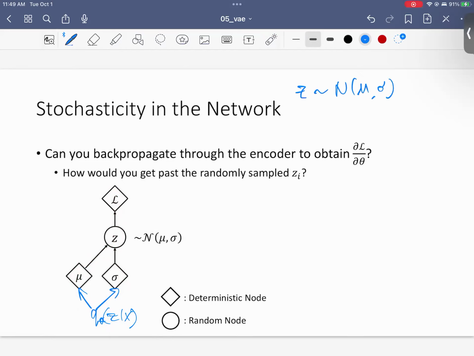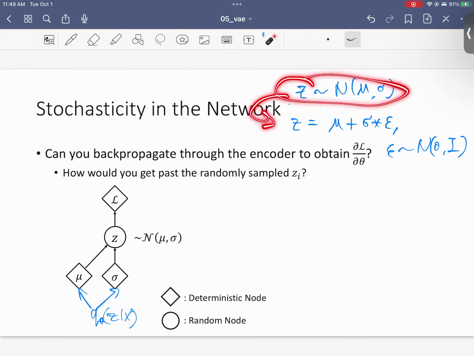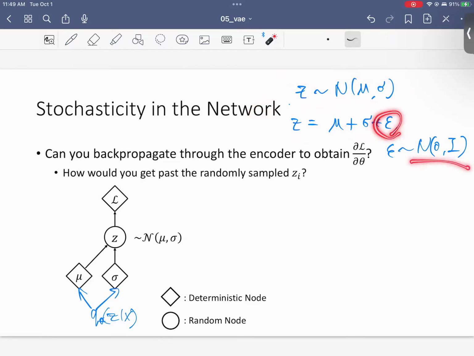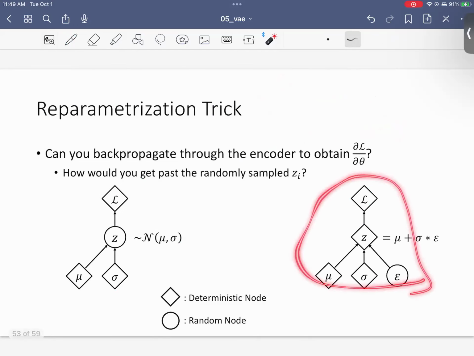You can rewrite this as Z equals mu plus sigma times some small error epsilon, where epsilon follows a standard Gaussian distribution, sorry. So this can be rewritten as this, and now your randomness comes from a standard Gaussian distribution.